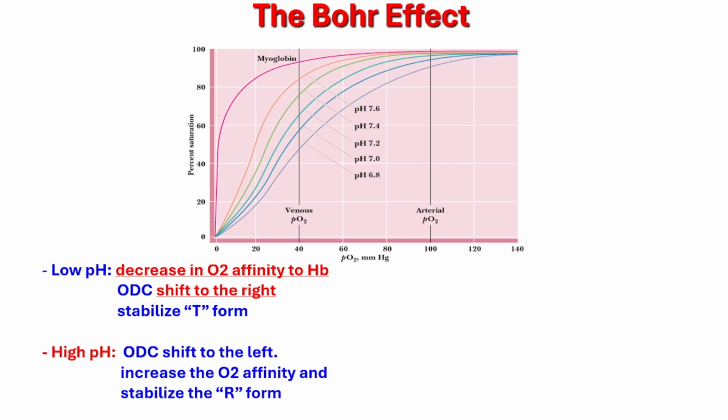When you look at the curve at a low pH, for example here 6.8, look at the pressure and the saturation of oxygen. If I am increasing the percentage of oxygen, the curve takes time to increase. It means there is less affinity.